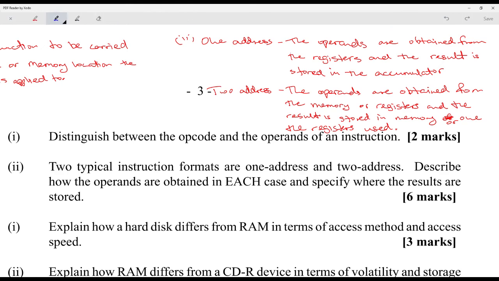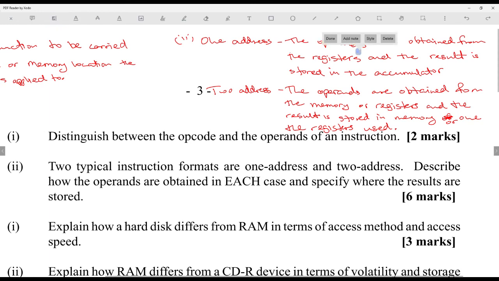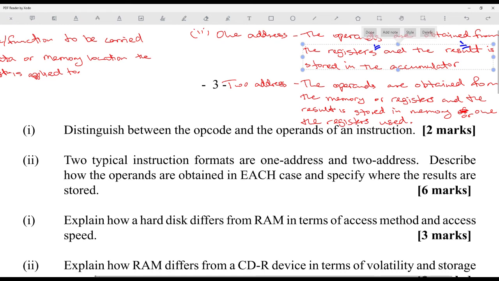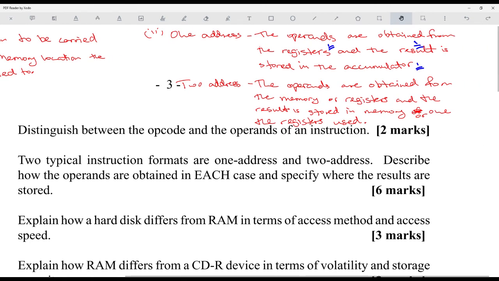For one address, you show that you obtain the operands from the register, and all the results are stored in the accumulator. So a result is some sort of calculation. You get it from the register, they do some calculation, you store it in the accumulator. This one is obtained from memory or the registers. A result takes place, but the answer is stored back in one of the registers or the memory.